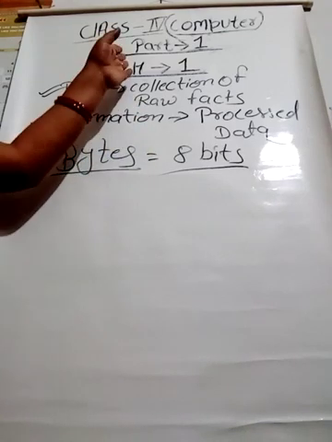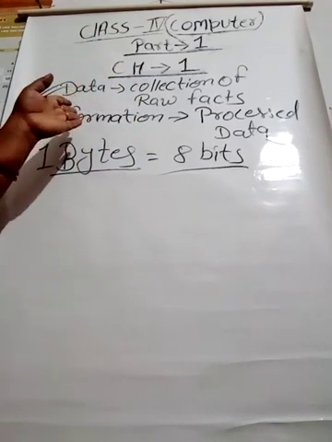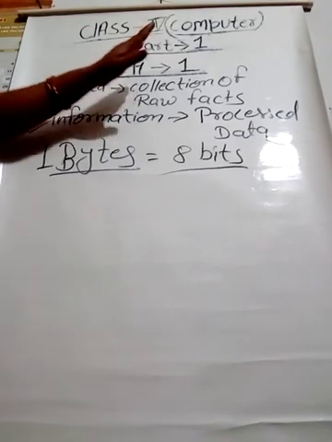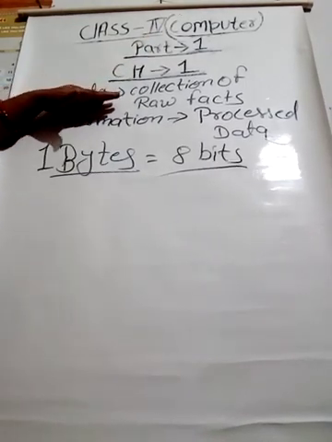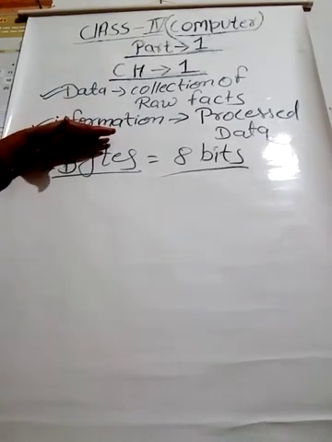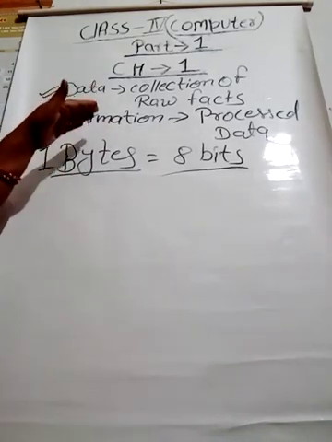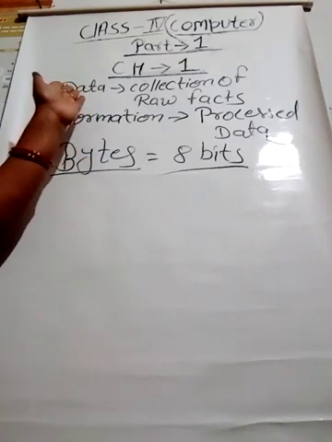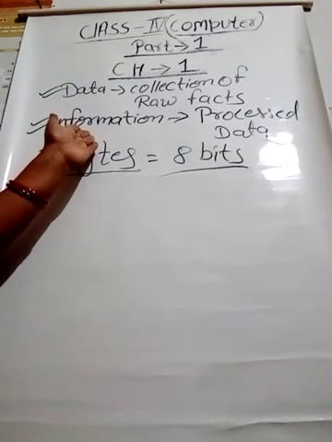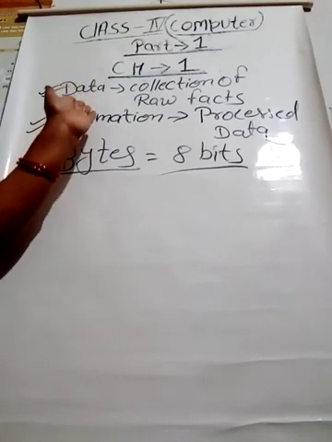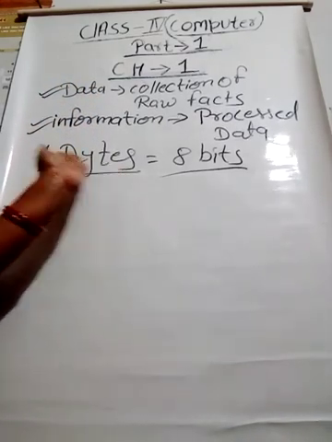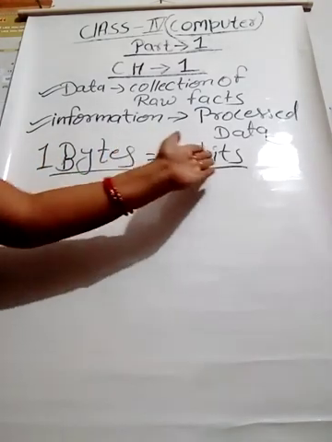So what is the use of storage and memory devices in a computer? We can say that in a computer, data and information are stored in memory and storage devices. These data and information are measured in terms of bytes, and 1 byte is equal to 8 bits.